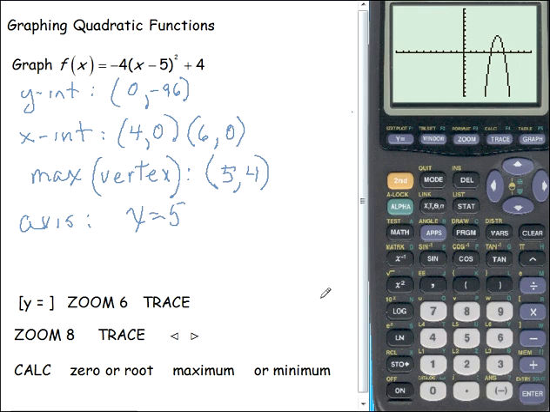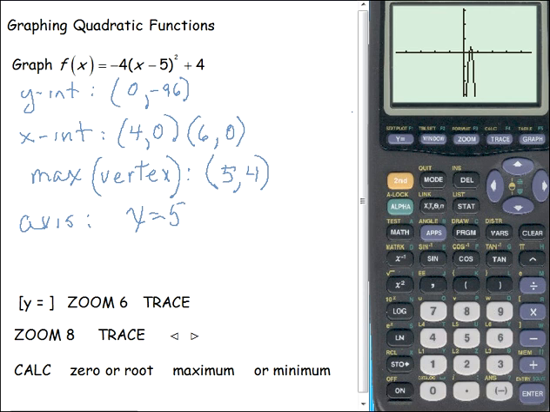And then we're going to hit Zoom 8. Enter. Okay, you always follow it by enter because it hasn't regraphed yet. And you get a window that maybe doesn't have as pretty looking a graph.